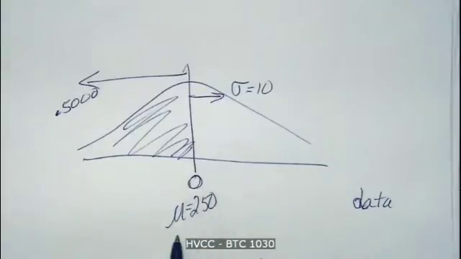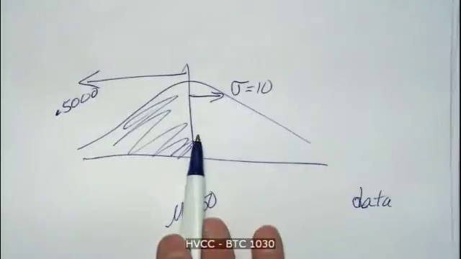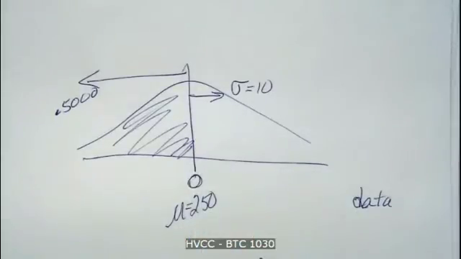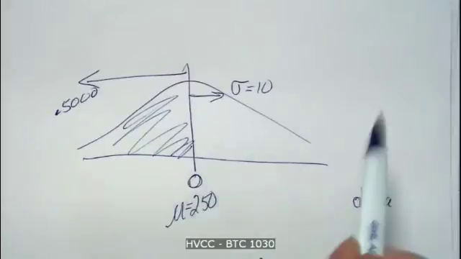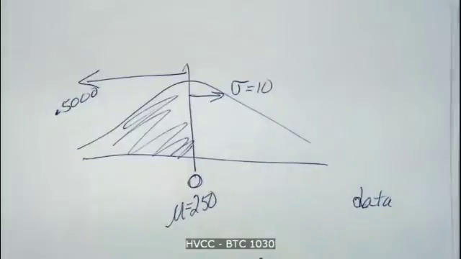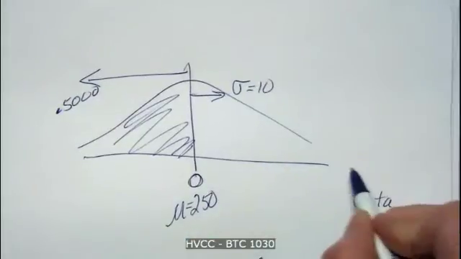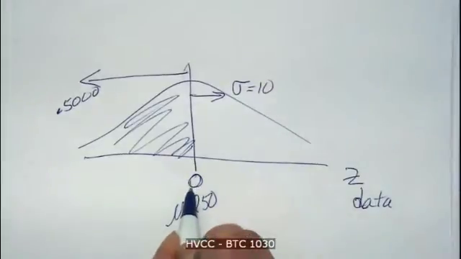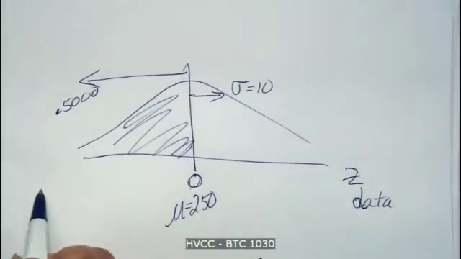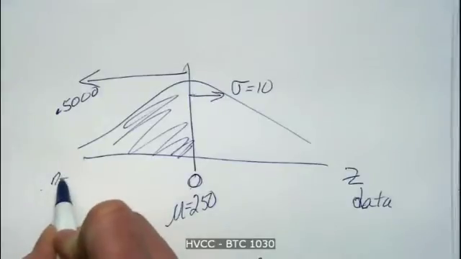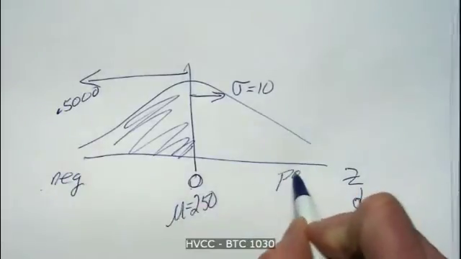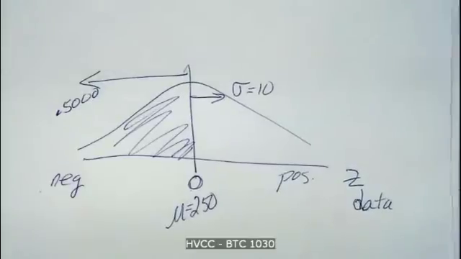On the other hand, the probability of grabbing a box of cereal that weighs 250 grams or more is also 50%. So you need to keep those 2 concepts in your head. The area under the curve is 1, half the curve is 0.5, and we're converting all our data to z-scores, where the mean starts at 0. These are negative z-scores, and these are positive.